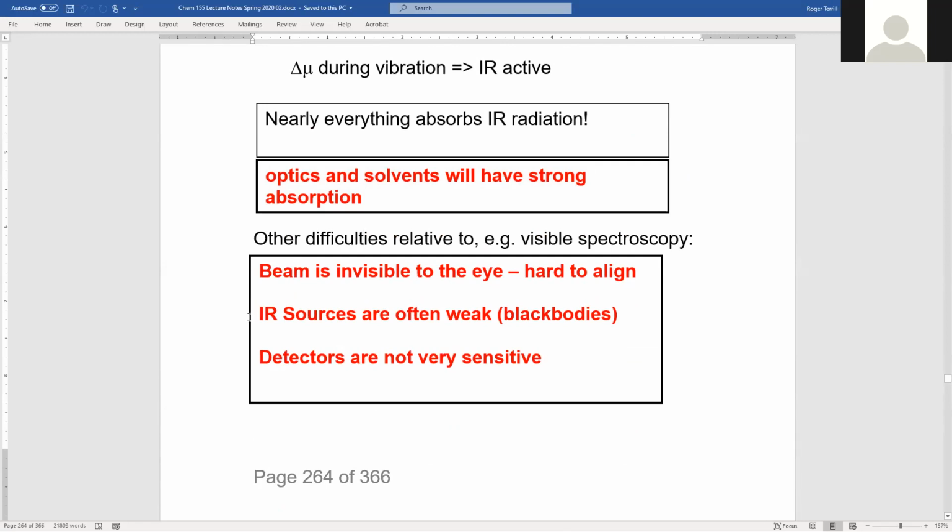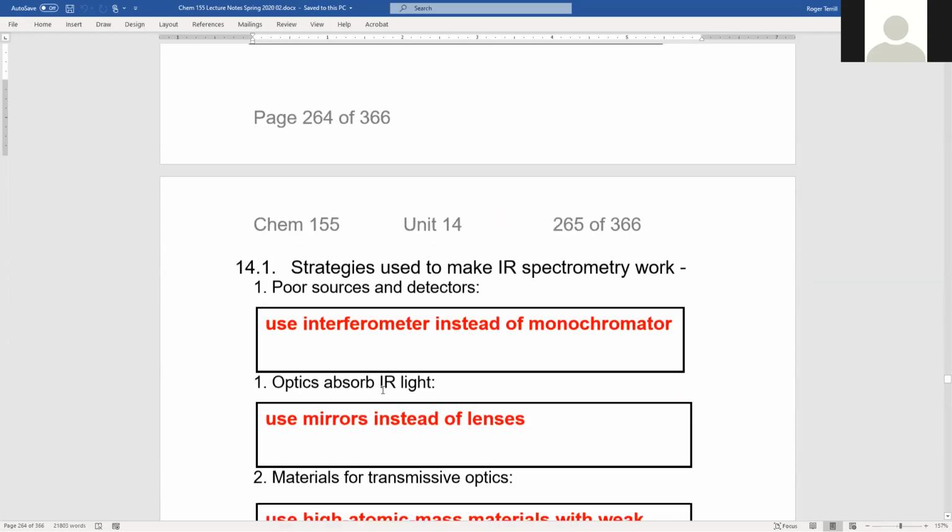The sources are weak because there are no continuum or broadband sources of infrared that are known except for black bodies, and black bodies have some fundamental limits to the intensity of radiation that they can produce. So they're a little bit weak. And then some detectors are a little bit insensitive, others are decent.